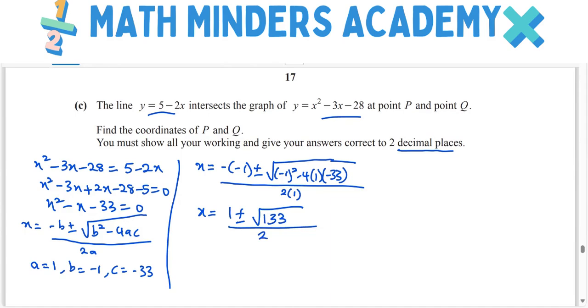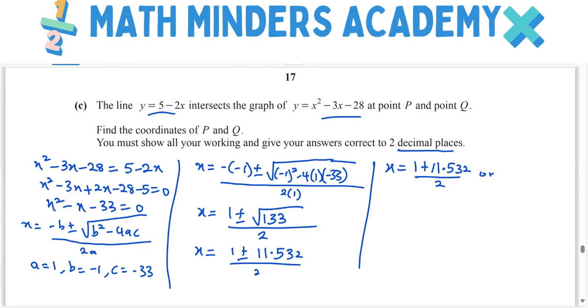So here x is 1 plus or minus square root of 133, we have 11.532 all over 2. So we proceed. Here x equals 1 plus 11.532 over 2, or 1 minus 11.532 over 2.